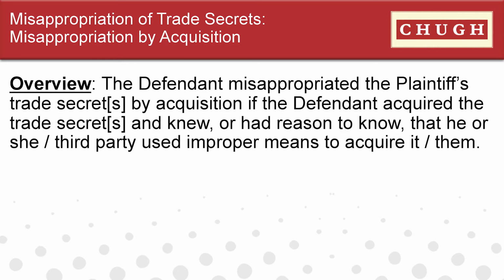Misappropriation by acquisition, right? Essentially, the whole concept of this slide is how did the defendant misappropriate the trade secret? The point of this slide is to emphasize that they may have used a third party to acquire the information, maybe some private investigator, maybe they found an inside employee and bribed them.